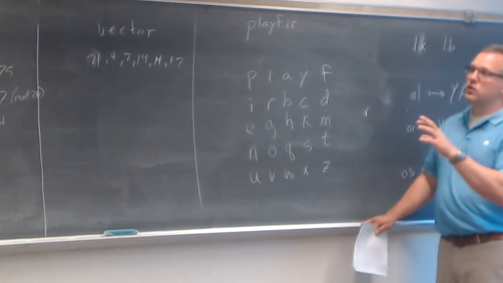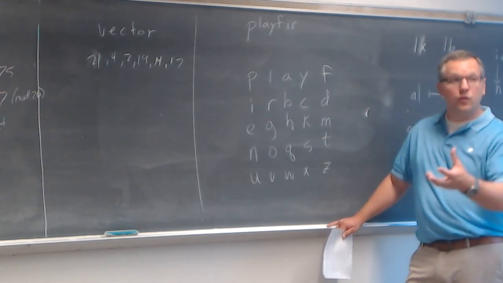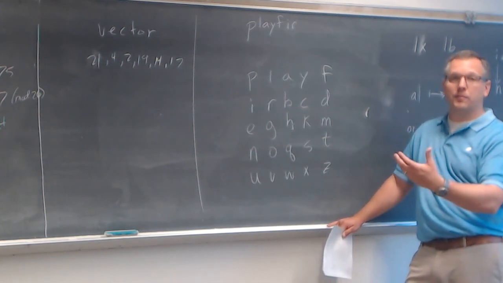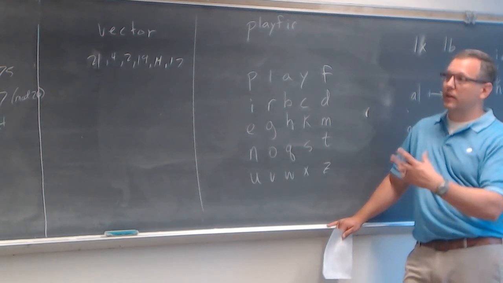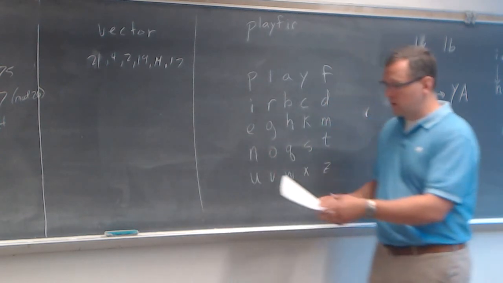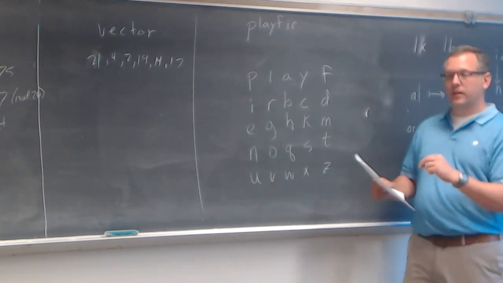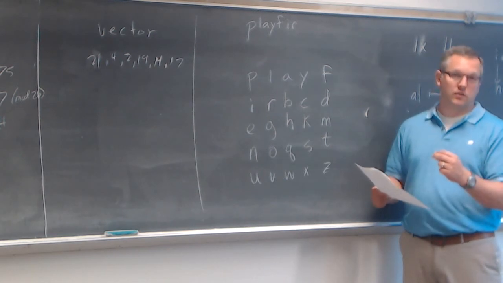Okay, so the same issues that we encountered with multiplicative ciphers occur here. If you're going to undo this matrix multiplication, you have to have an invertible matrix. A matrix is invertible if its determinant is not 0, but also, since we're reducing mod 26, the determinant has to be relatively prime to 26.